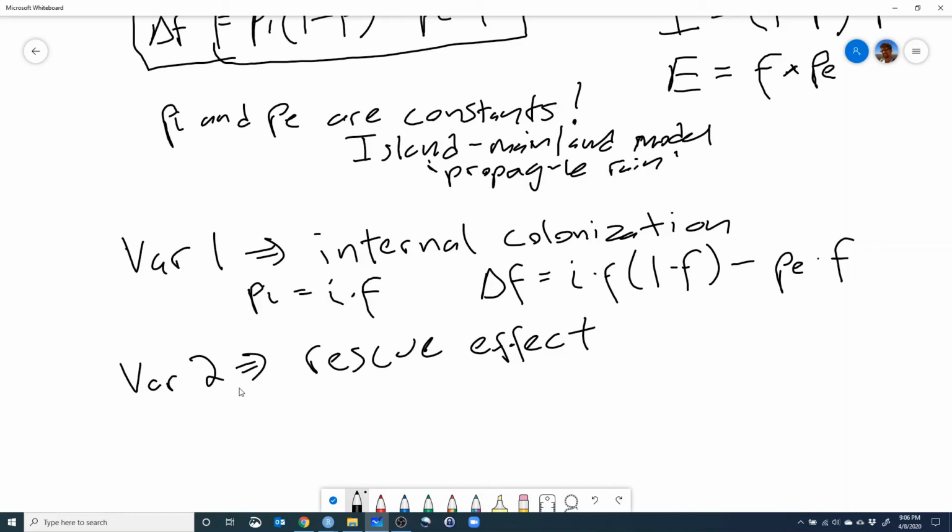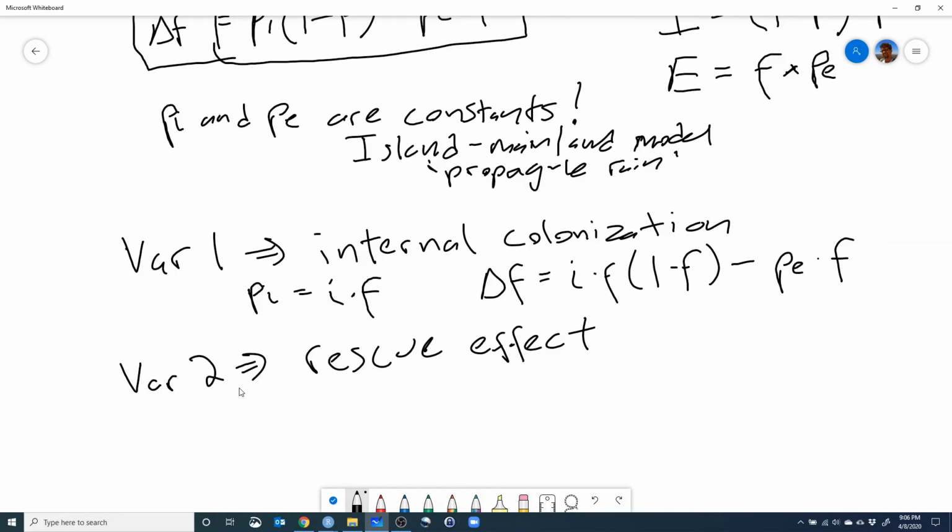And that is because if a patch is occupied, but maybe there's only 1 or 2 individuals, there's a good chance that those individuals might die, but there's also a good chance that some new colonists will come in and rescue that patch from extinction. So it actually doesn't go extinct because the colonists offset any mortality that happens within the patch. So the more colonists, the lower the extinction risk. All right. So the extinction risk is going to be highest when the metapopulation occupancy is lowest.